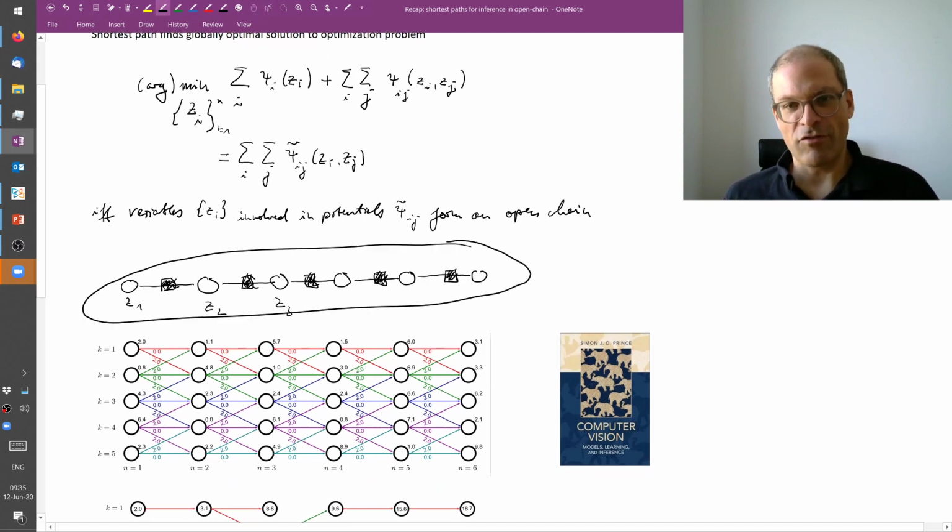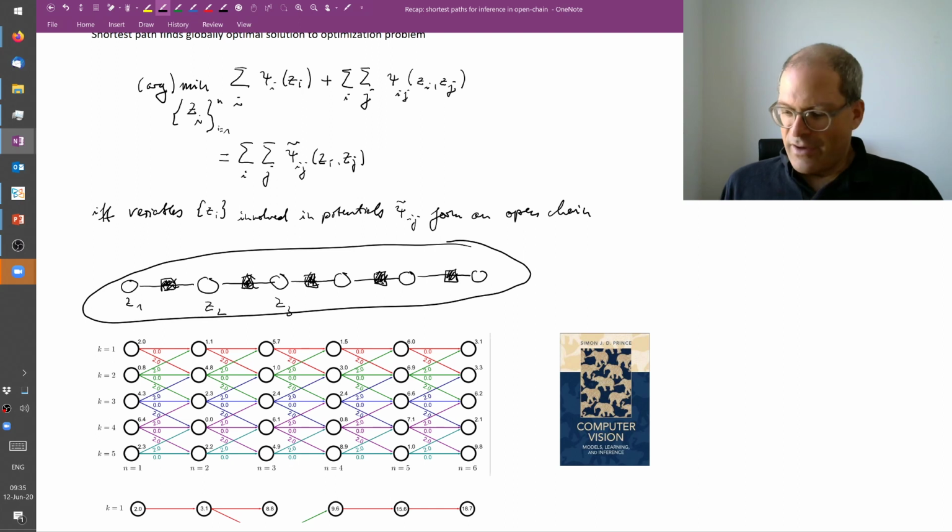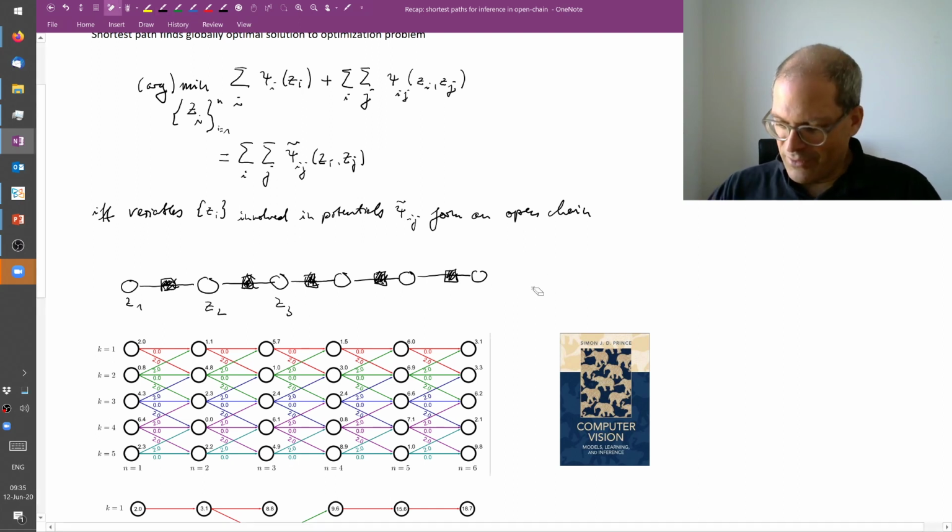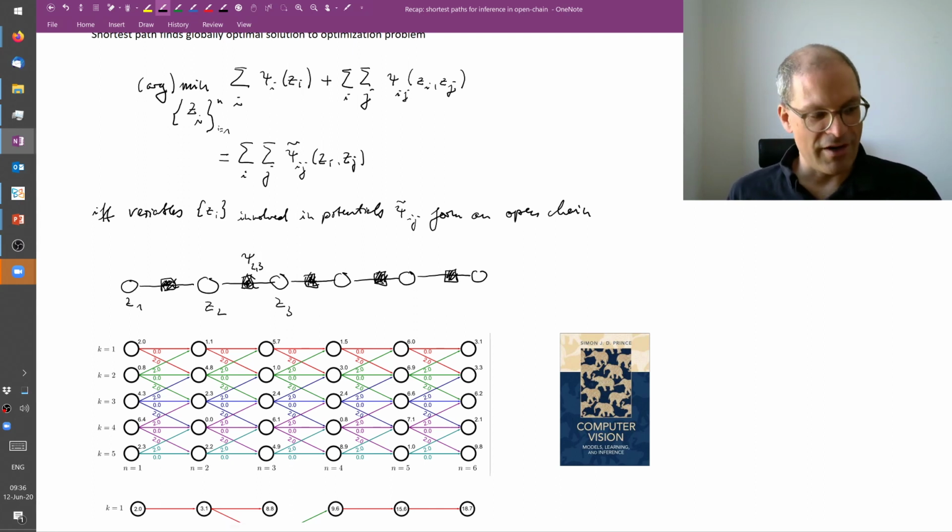A circle for each variable that I want to optimize, and you see these tiny black boxes here, and these represent the factors. For example, this black box would represent the factor 2, 3, which gives us the penalty if I'm in such and such state in variable 2 and in such and such state in variable number 3.